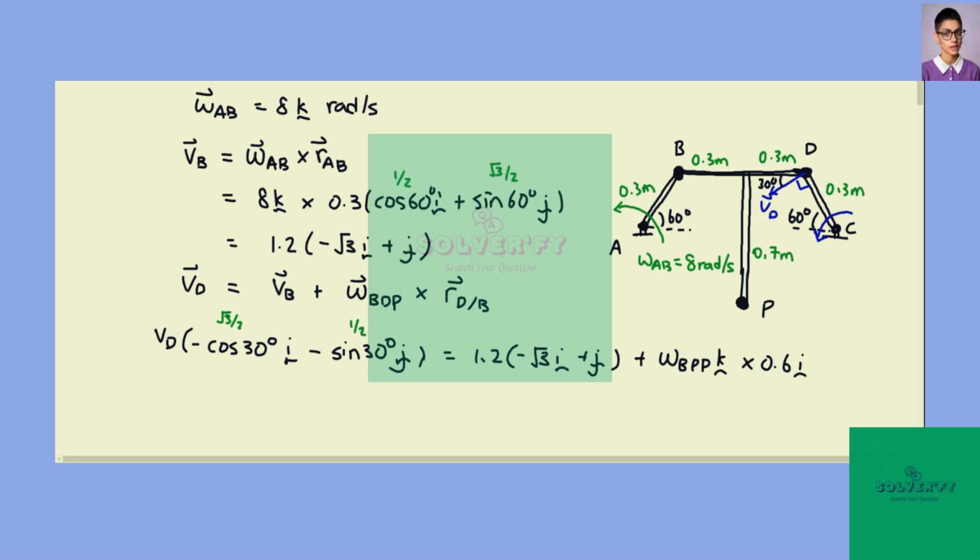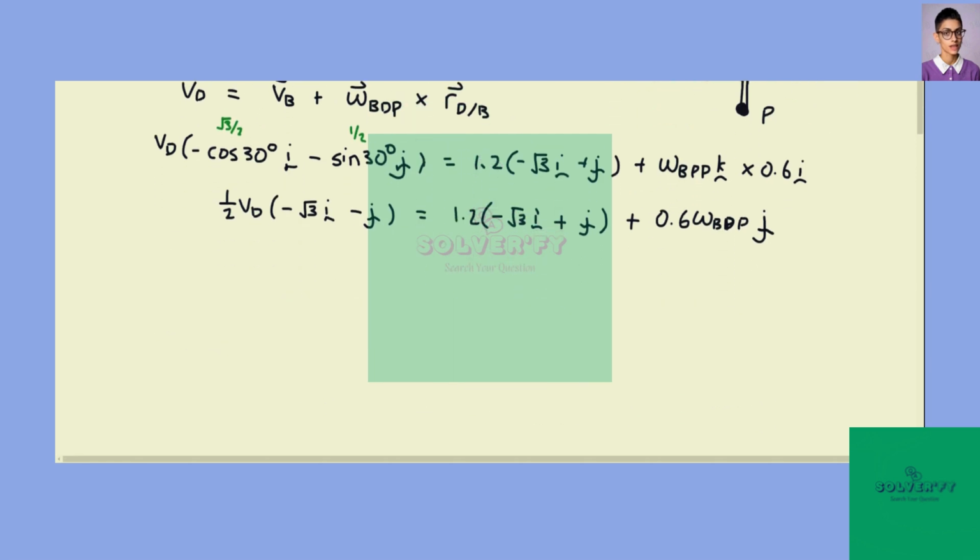So I'm going to pull out the half VD: minus root 3 i minus j is equal to 1.2 minus root 3 i plus j, plus, so k cross i gives j, 0.6 omega BDP j. Now we are able to compare components.